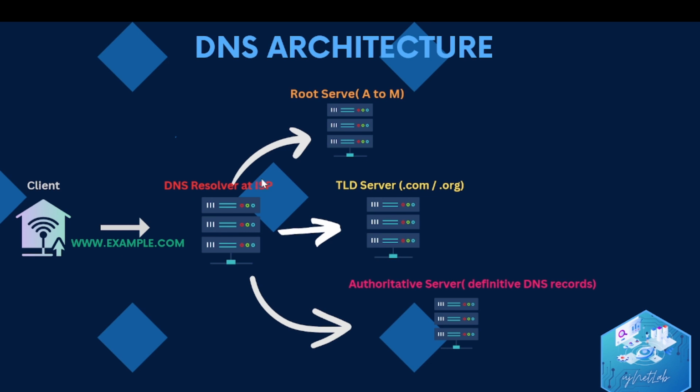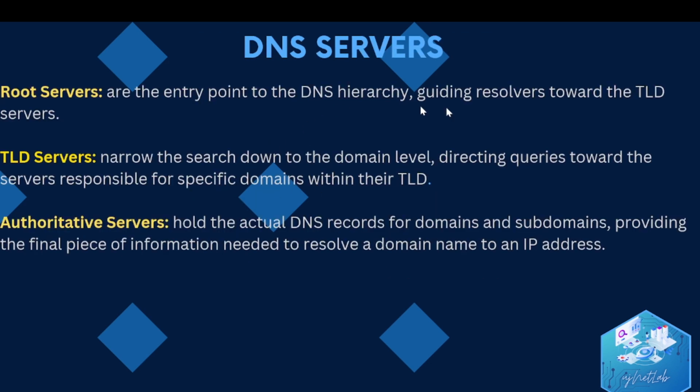So it goes to that resolver IP first, and the resolver says, I do not have the full information; if you are .com, go to this specific TLD server. This narrows down the search to the domain level, directing queries towards the server responsible for the specific domain.